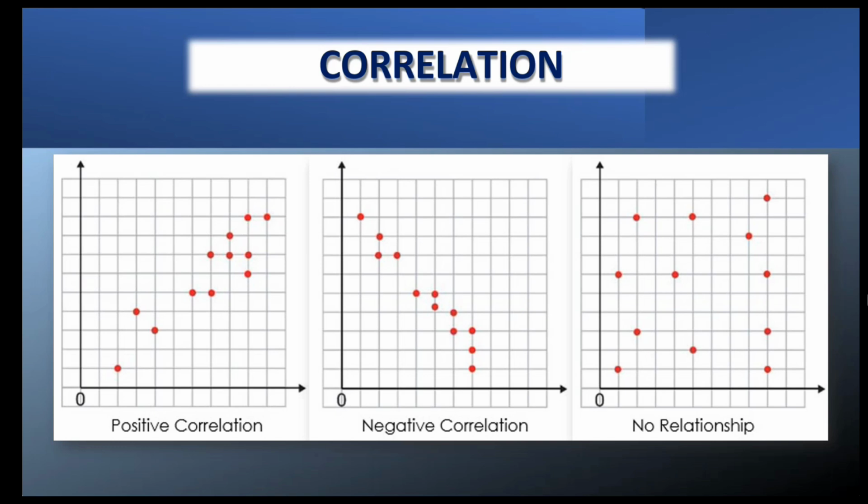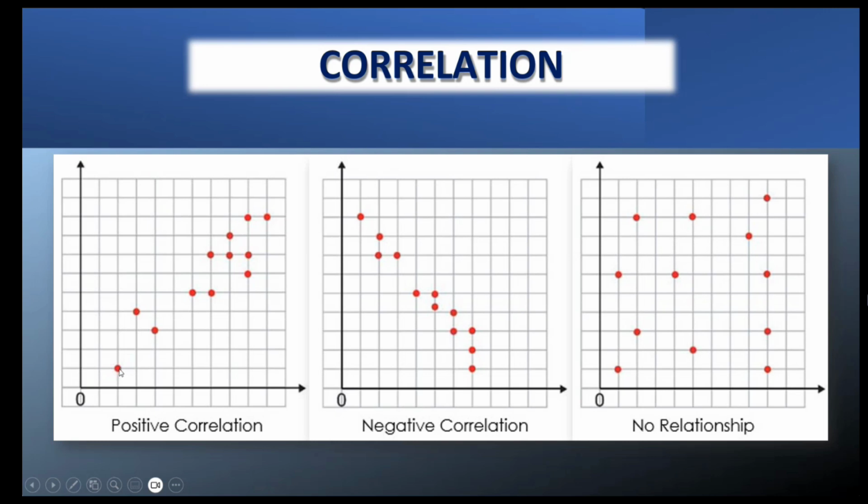If you look at this illustration, you can see that we have three types of correlation. You have a positive correlation, a negative correlation, and no relationship. For the positive correlation, say for example, you have your first set of values on your x, and another set of values along the y.